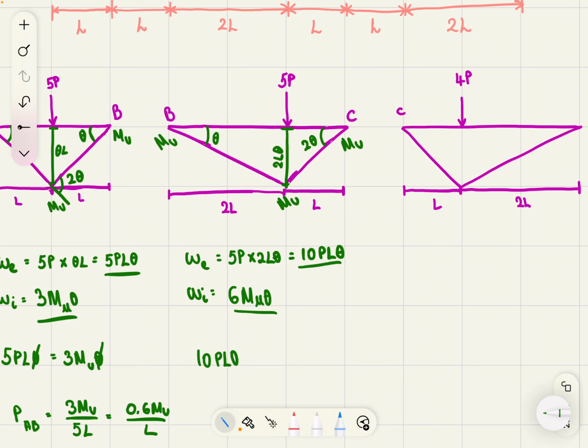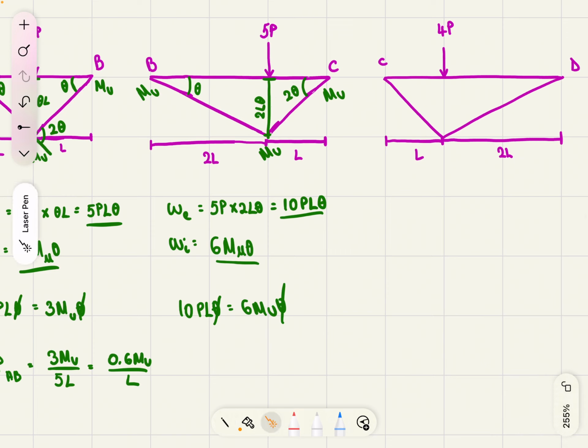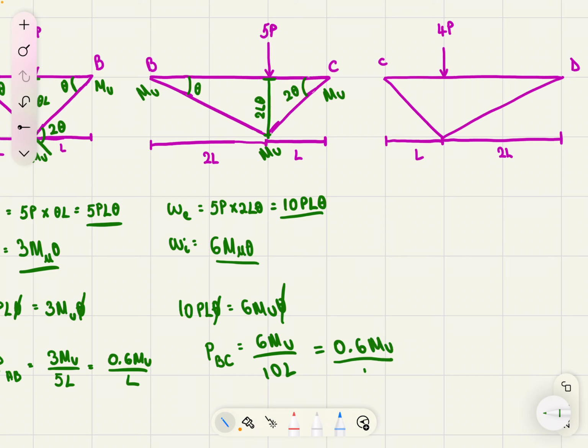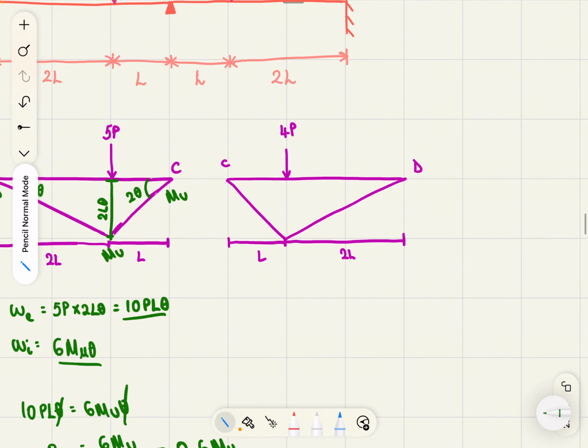When we equate the internal and external work, you get, cancel out theta, and rearrange for the collapse load P between B and C. 6 Mu over 10L. So this is 0.6 Mu over L. It's the same as this one.